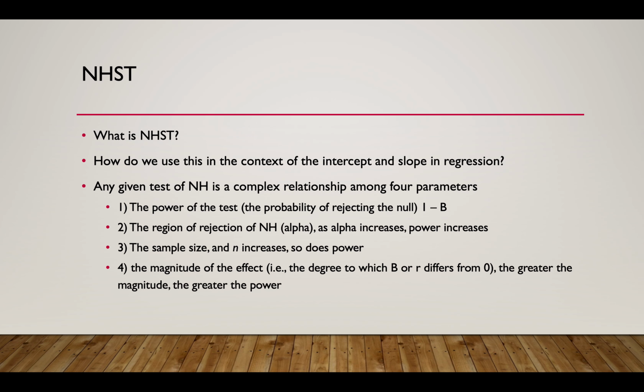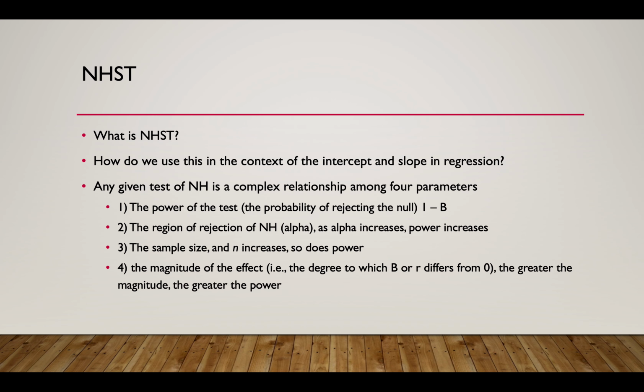Now, your book makes a point to talk about the difference between a null and a nil hypothesis. And in truth, nil hypothesis is more appropriate. Null hypothesis assumes that you are testing against a true zero. We're not really doing that, though. We're testing against a non-effect.